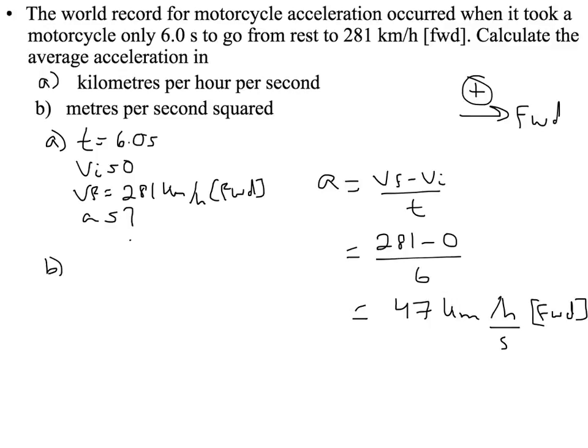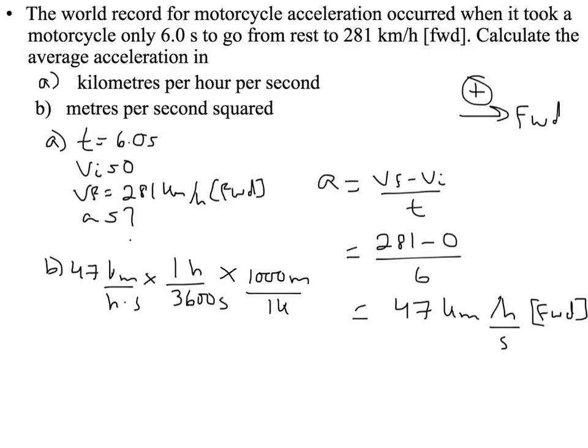B states they want that number in meters per second squared, so we say 47 kilometers per hour per second, times 1 hour every 3,600 seconds, times 1,000 meters every 1 kilometer.